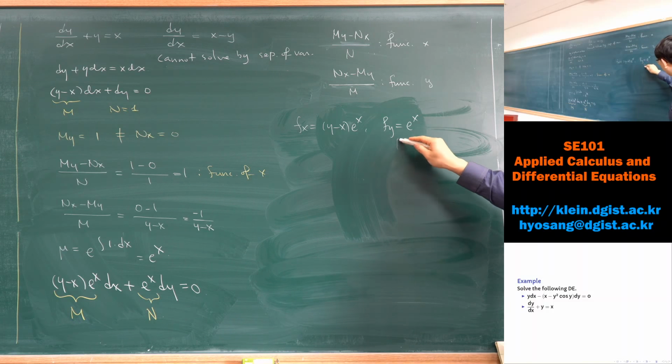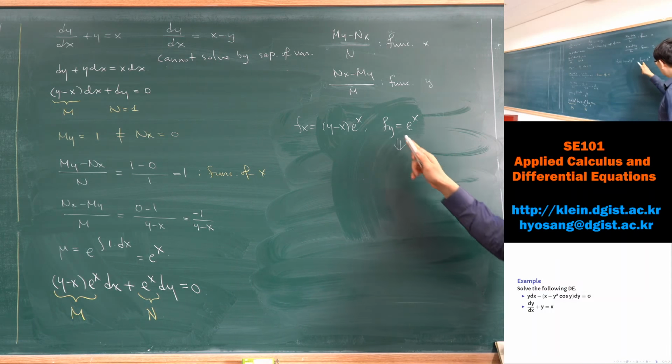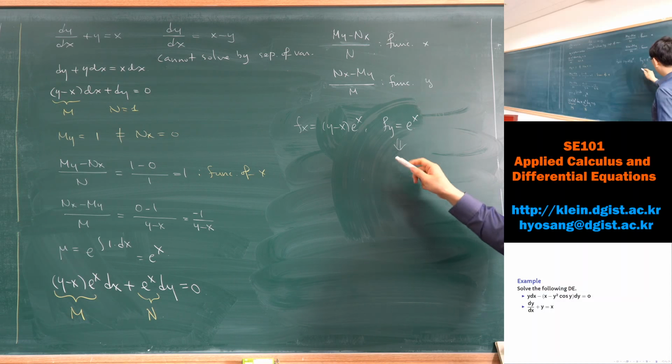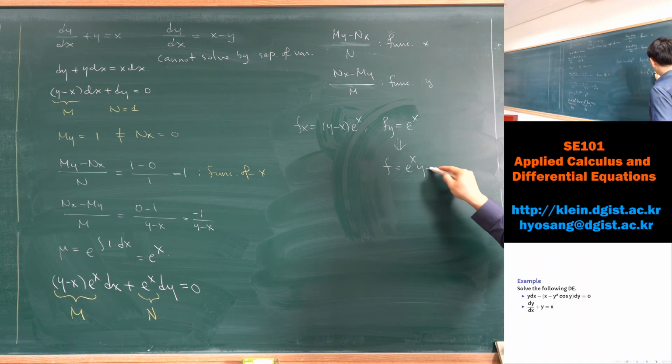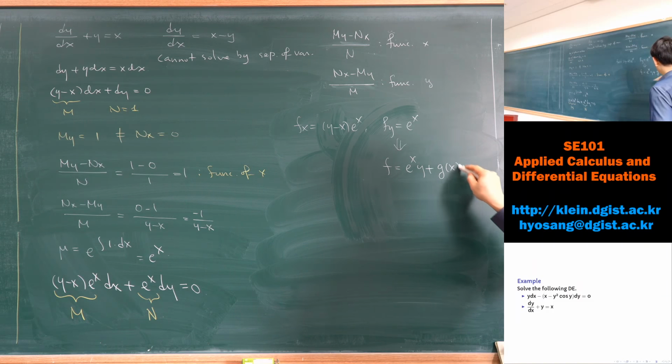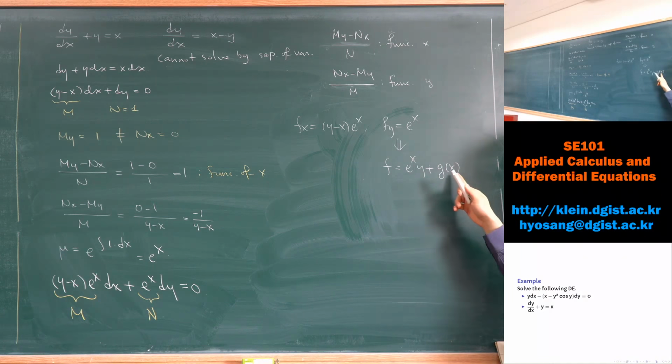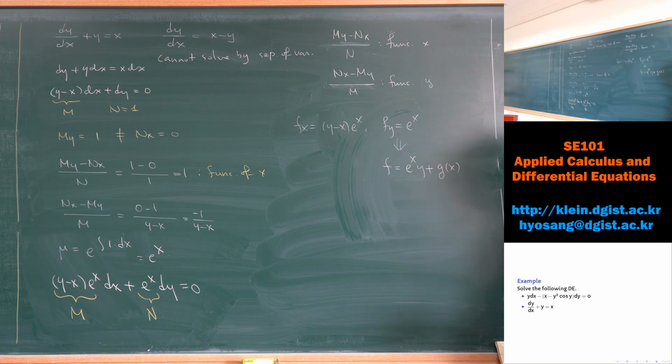So let's start from the simple one. If you take the y derivative and you get e^x, then you should have e^x y plus, in this case, some function of x, g(x).